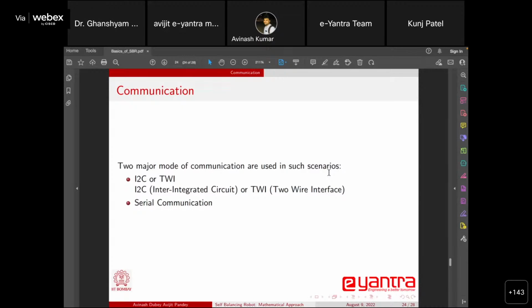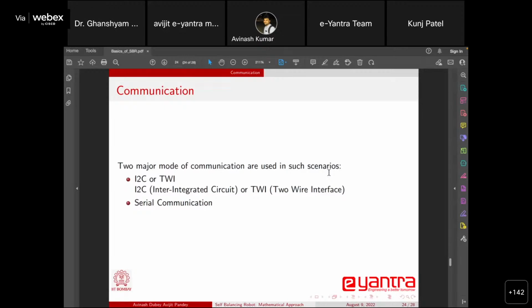Most of the sensors these days come with the I2C communication module. I2C is basically inter-integrated circuit, the full form of I2C. It's a two-wire interface. There is one wire called SCL, on which the clock pulse is provided to the sensor, and another wire called SDA, on which the data is transferred.